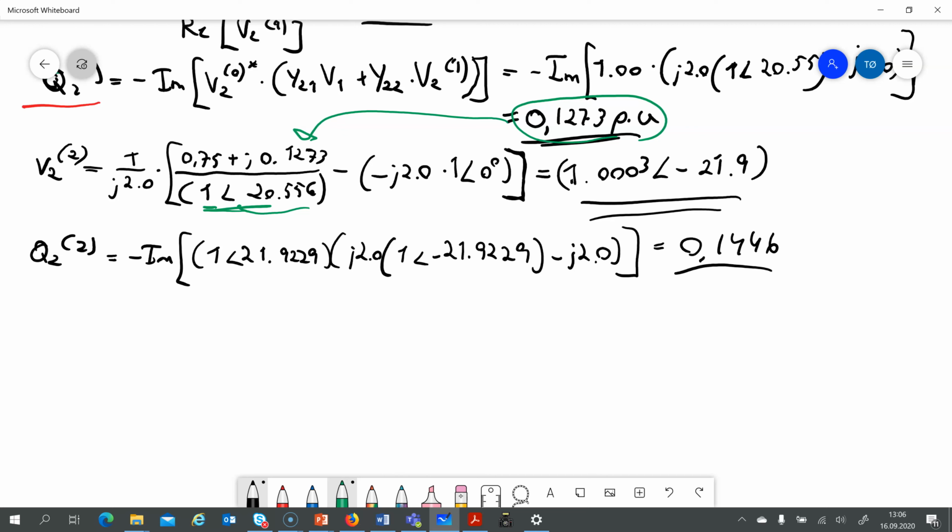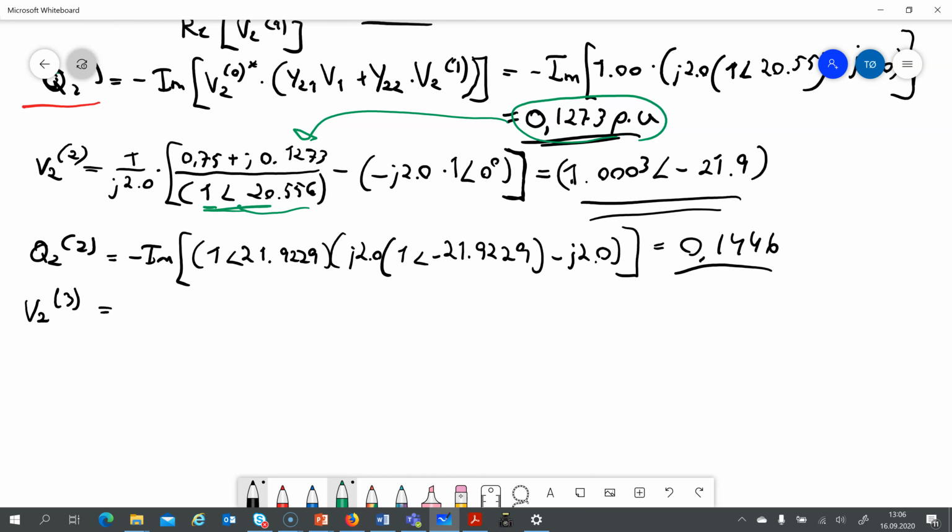It gives this value for reactive power per unit. The second iteration. First you had 0.1217, now we have 0.1446. And then you continue until some kind of criteria is met.